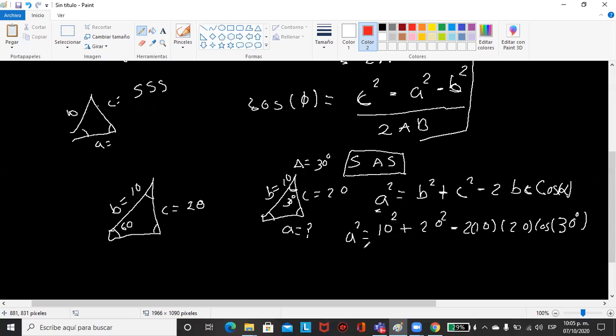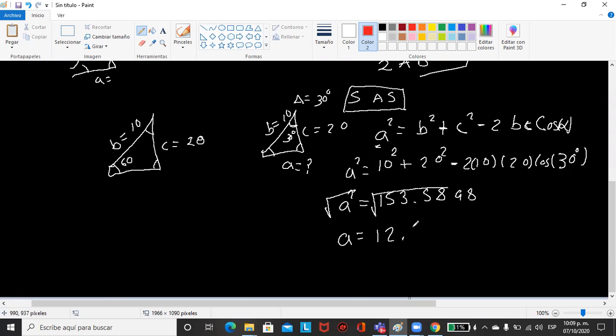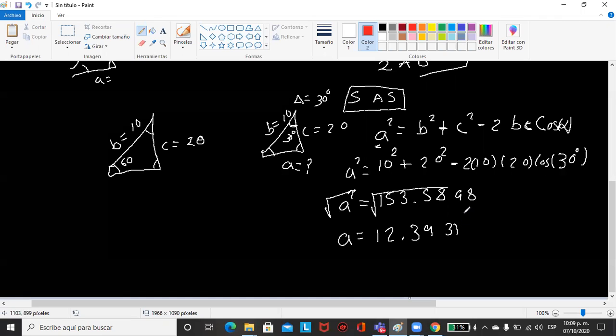Okay, so let's use the calculator, guys. Okay, so A squared is equal to 153.6898, and we need to apply the square root on both sides, and we have A is equal to 12.3931 units.